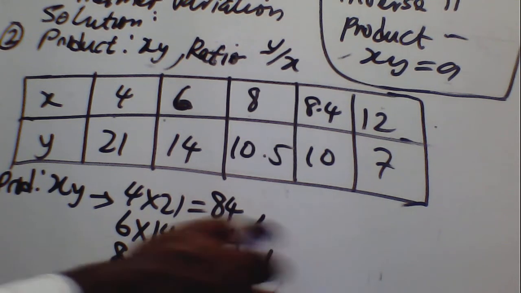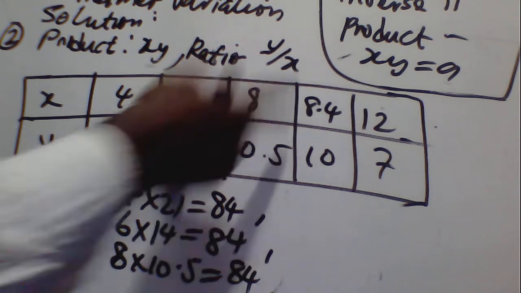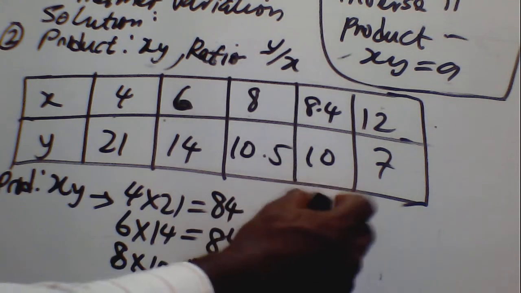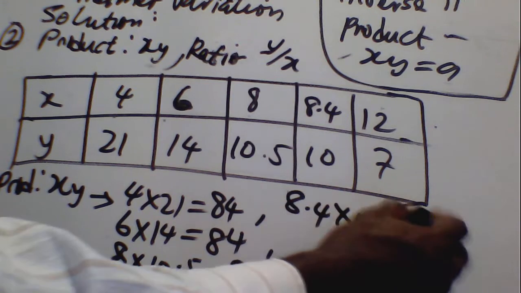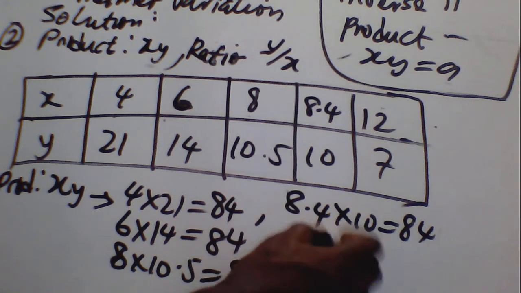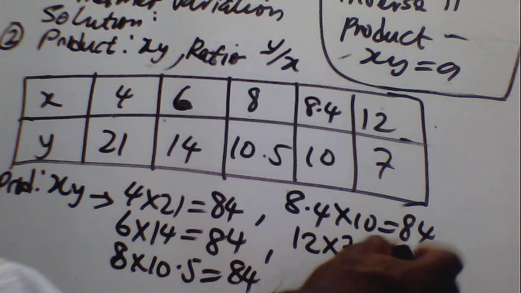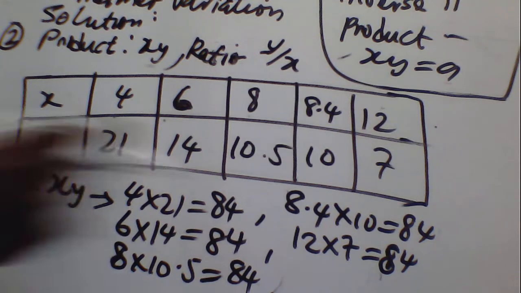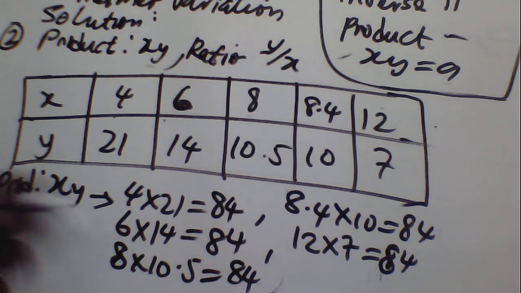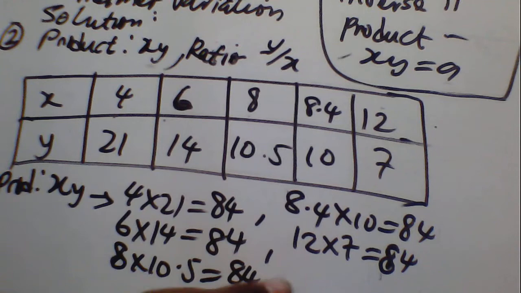The next is the fourth row. 8.4 times 10 will give us 84. 12 times 7 will give us 84. So looking at the products, you don't need to go for the ratio. In this case, since the product is constant, we say that it is what?